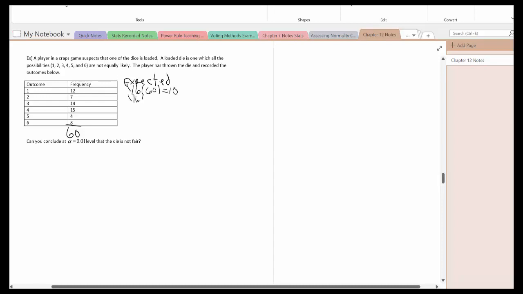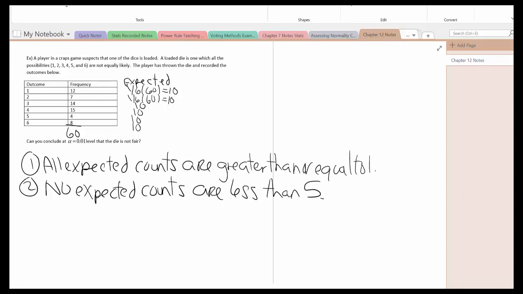Probability of rolling a 2 is also 1/6. So every one of these expected counts is going to be 10. Okay. Now I'm going to write out the conditions to use the test now. So all expected counts are greater than or equal to 1, and no expected counts are less than 5.